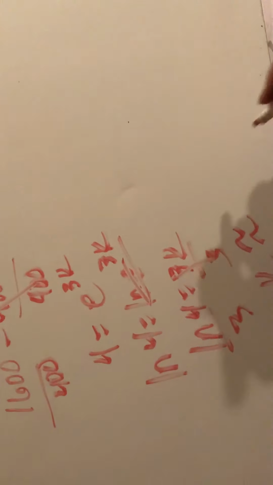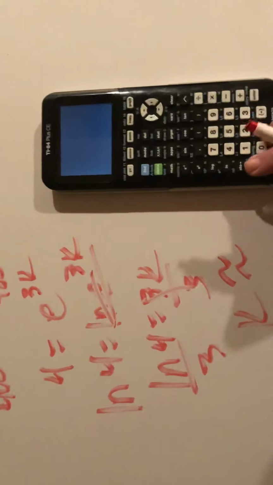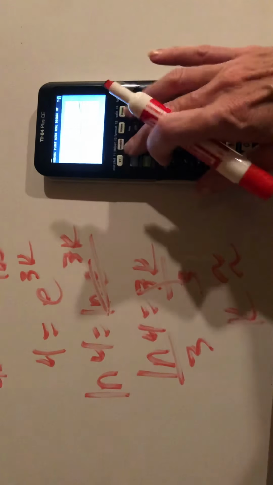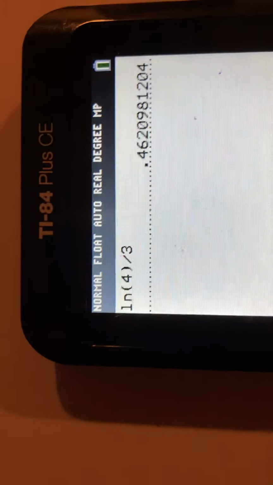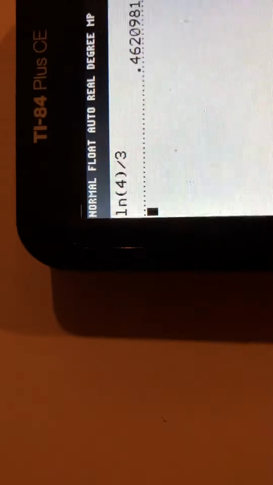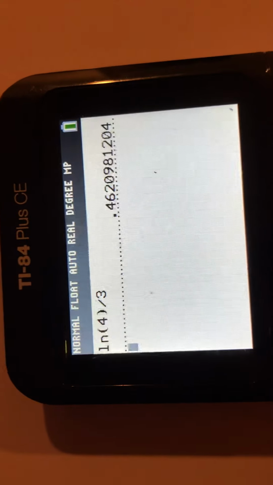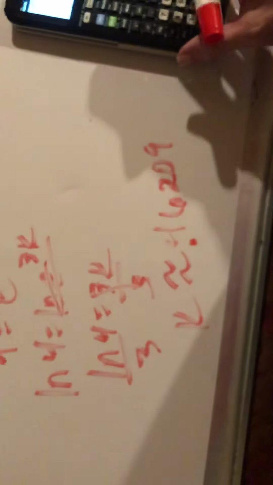I always want 5 decimal places. So type in natural log of 4, close parentheses, divided by 3, which gives me 0.4620. Let's leave it as 0.46209. I know there was an 8 after that 9, but let's leave it at 209.